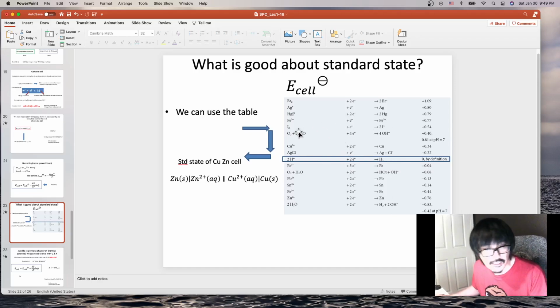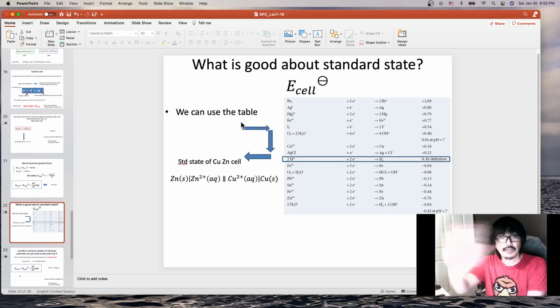And just in case you don't know how to use this one, I just make sure that I have electrons showing up on the left hand side. That depends on the table that you're looking at, right? But this table actually has electrons showing up on the left hand side. Then what you're gonna do is your hand is gonna move like this.